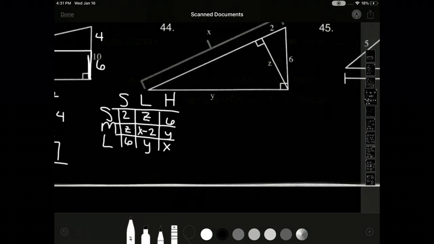So now we need to find x first, and we can use the 4 corners. So we have 2 over 6 equals 6 over x. Right. So we get 2x equals 36. Divide by 2, and x equals 18.